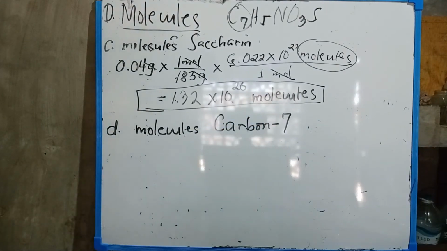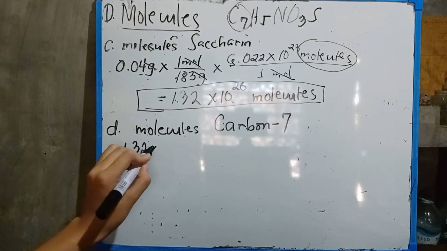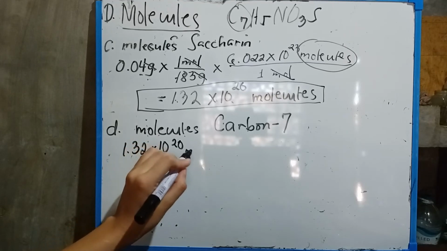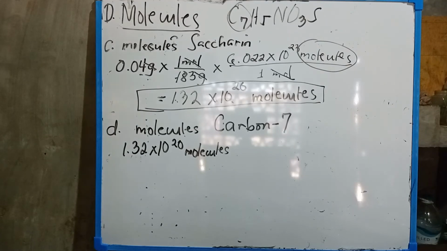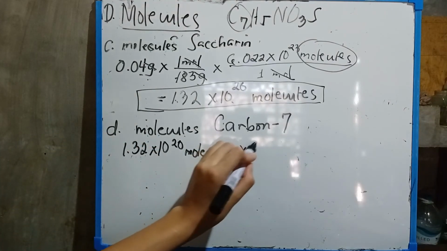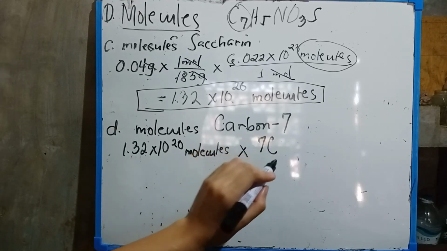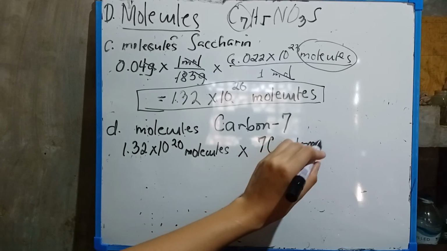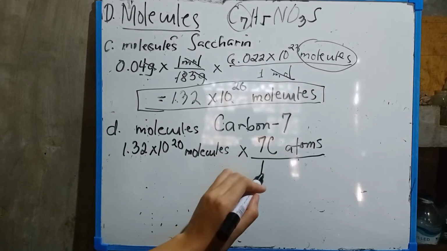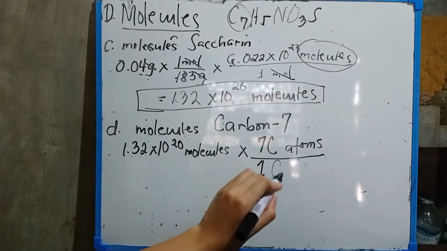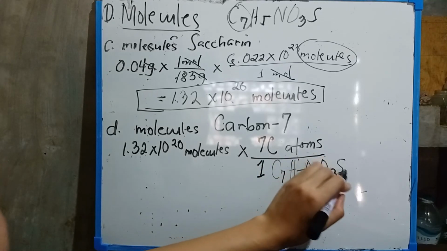Carbon 7. So 1.32 times 10 raised to 20, multiplied by 7 carbon per 1 C7H5NO3S molecule.